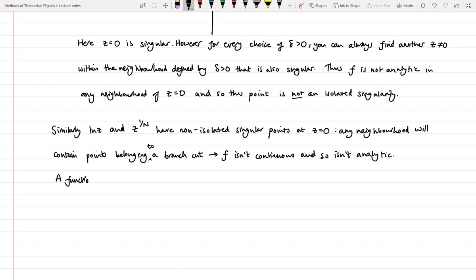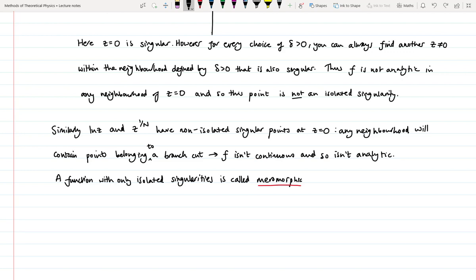A function with only isolated singularities, like the first example that we looked at, such a function is called meromorphic. And that's in contrast to the term we had earlier in topic 3, holomorphic, which was another way of saying that a function is analytic.